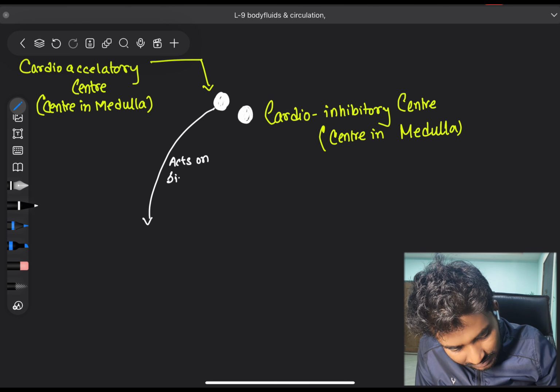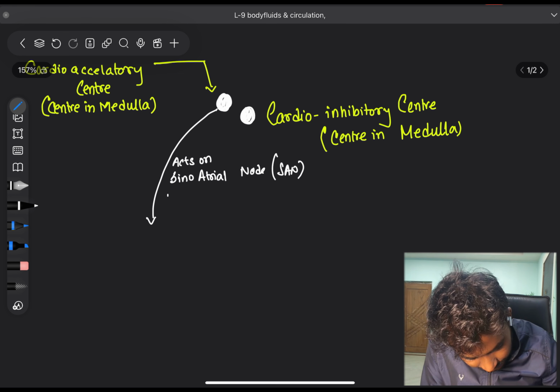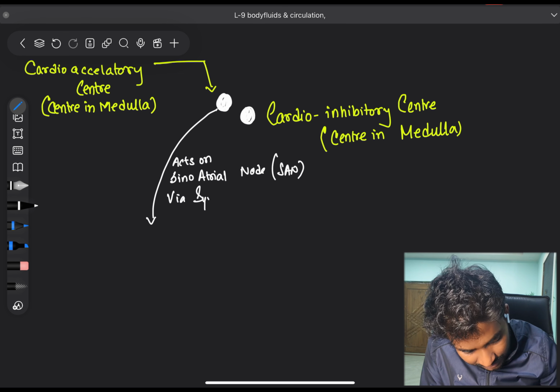It acts on the sinoatrial node via the sympathetic part of the autonomic nervous system, while the opposite goes on to the cardio inhibitory center.